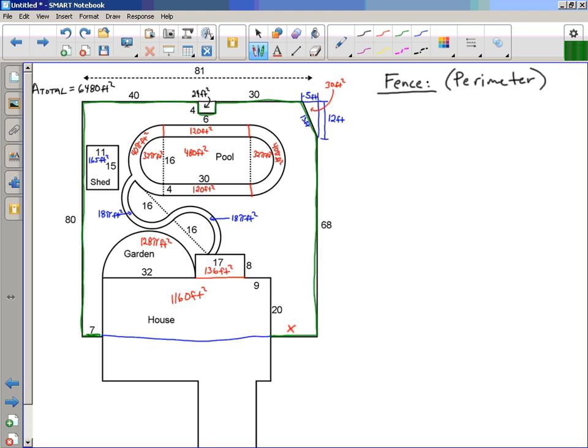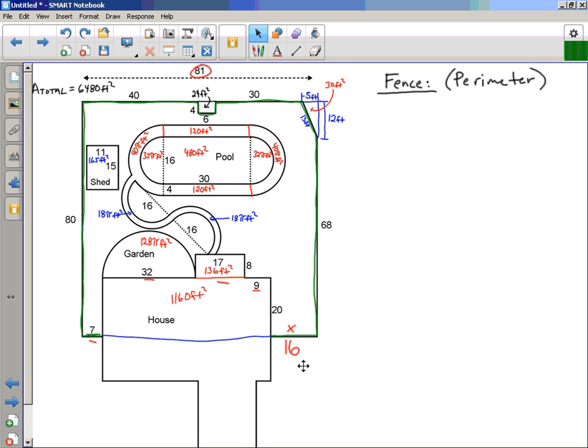So the entire section was 81, right? If I take away the 7, the 32, the 17, the 9, that's all the left-right measurements. So 81 minus those, I believe we're going to get 16. Do that in my head just real quick. 32 plus 17 is 49, plus 9 is 58, plus 7 is 65, and 81 minus 65, yeah, that sounds like 16.